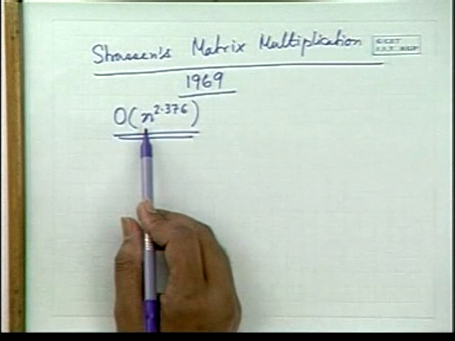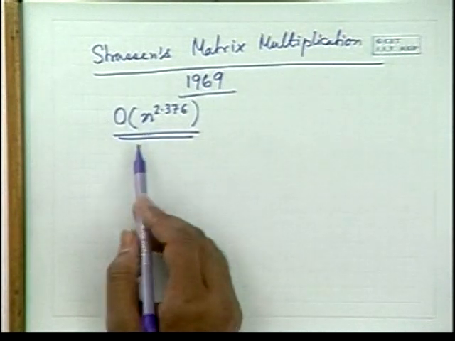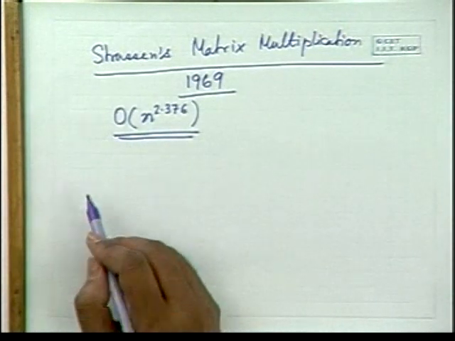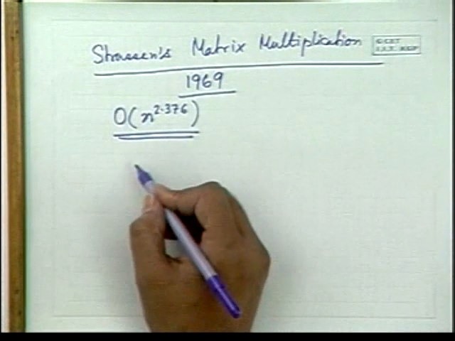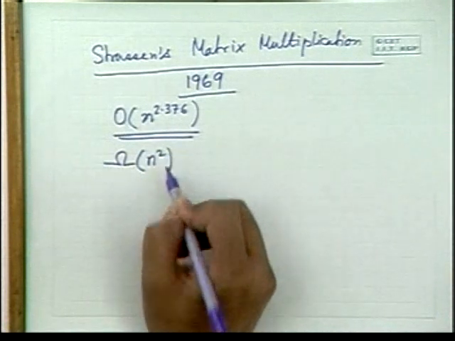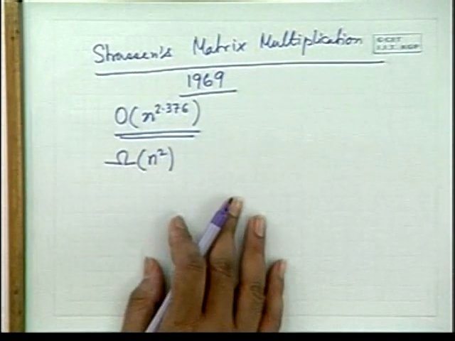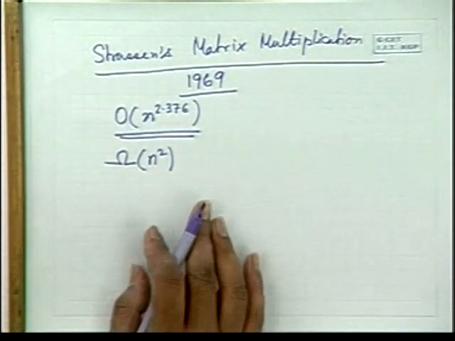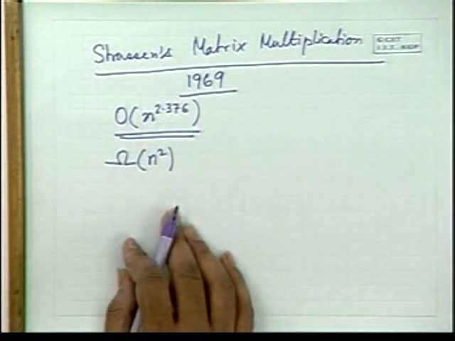But the lower bound known for matrix multiplication is only omega of n square. Nothing else is known till date.